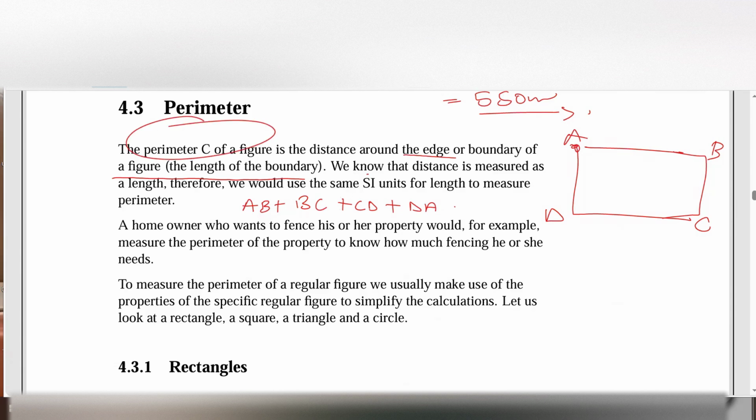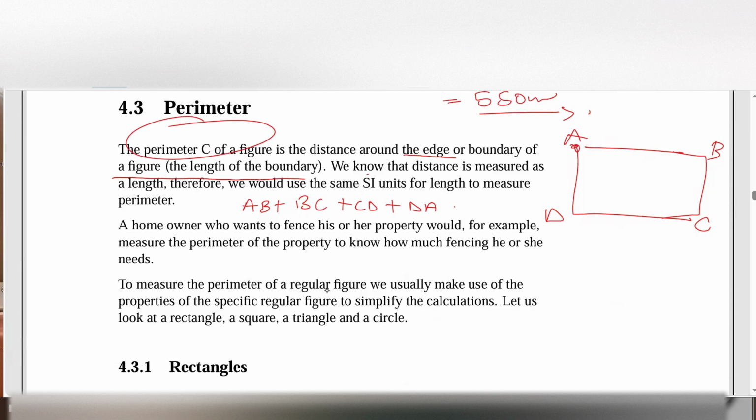Regardless of what shape it is, it could be a circle, it could be a square, it could be any other shape. As long as we're looking at the distance around it, that is known as the perimeter. Of course, we know that with a circle, the name changes. It will no longer be called a perimeter, but rather circumference.